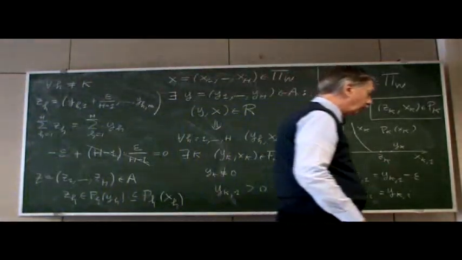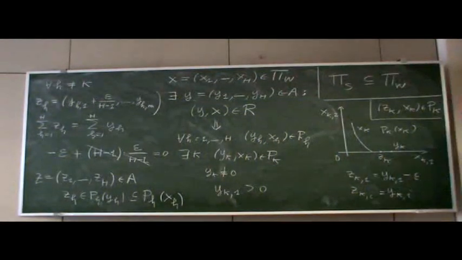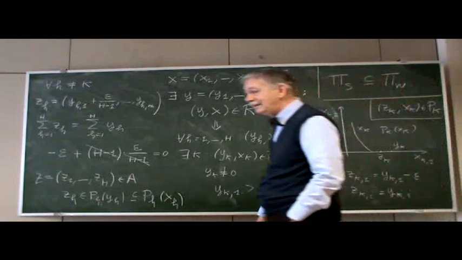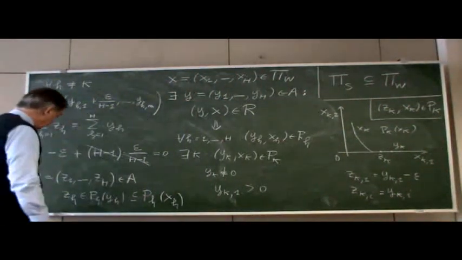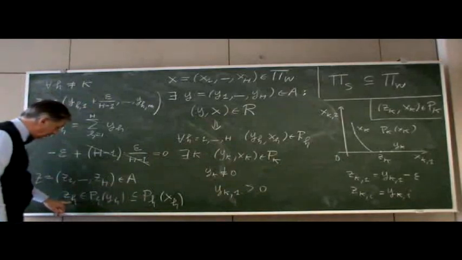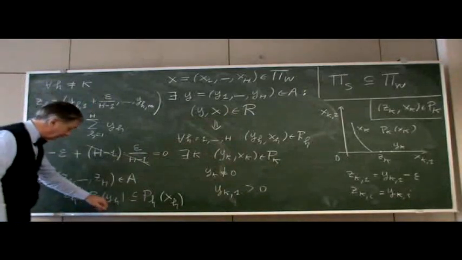Let us compare this allocation z with the original allocation x. For the k subject, there is preference: zk is preferred to xk. For all the others, well, we know by strict monotonicity that zh is strictly preferred to yh.